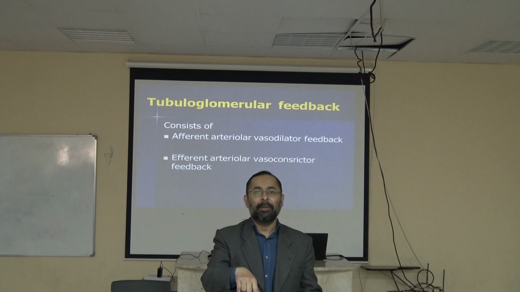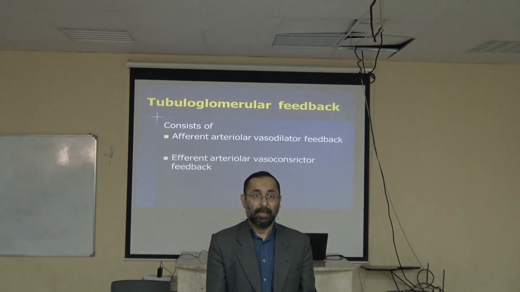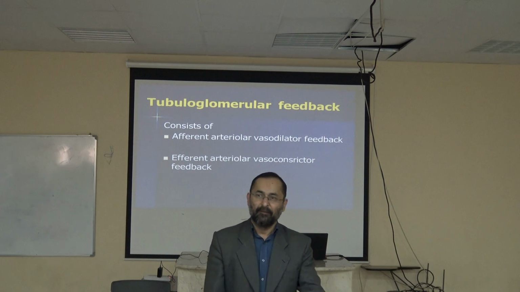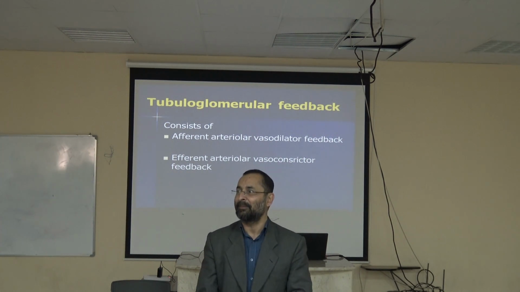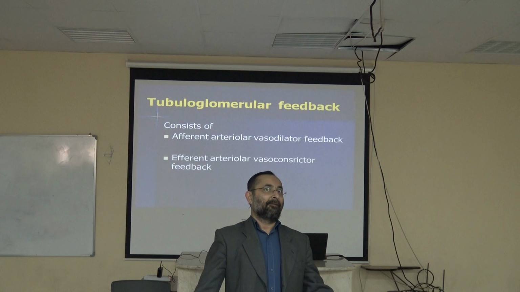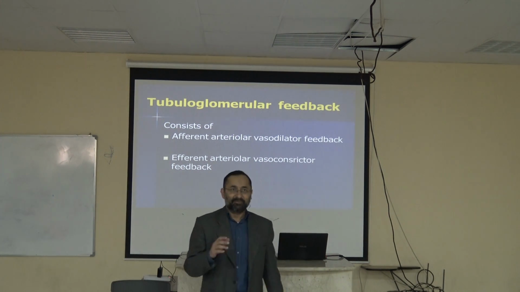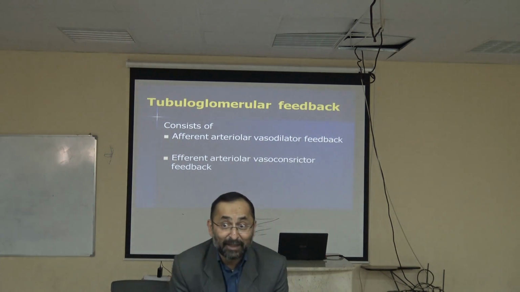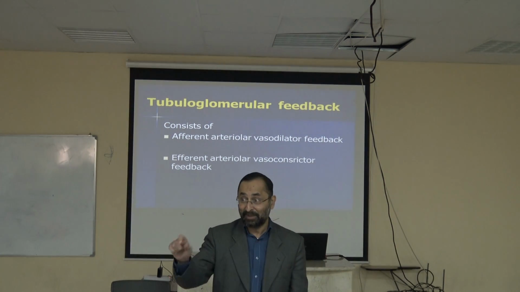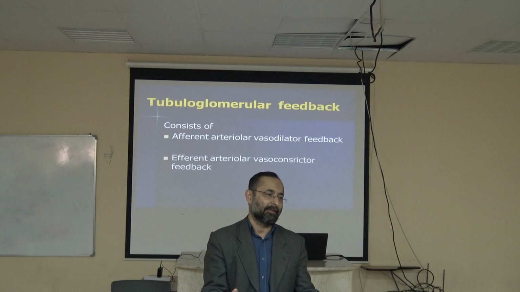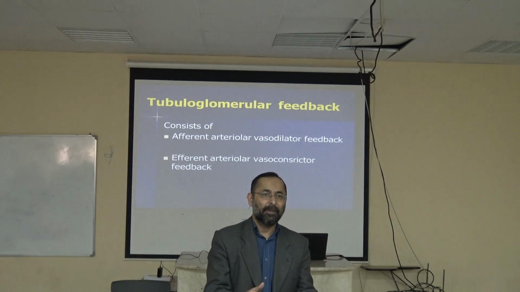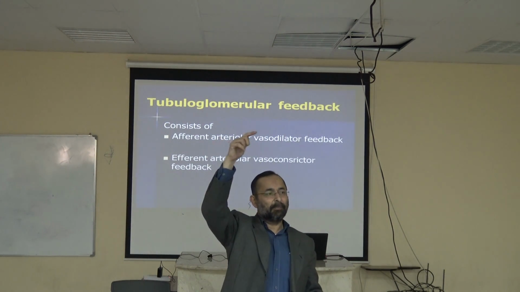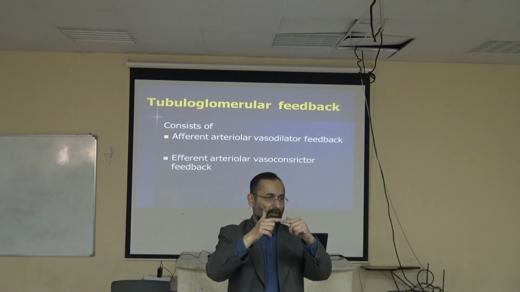And this system is showing you feedback. It means it's a feedback system. If it's a feedback system and it is a regulatory system to keep things back to normal, will it be a negative feedback system or a positive feedback system? Well, first of all, recall, I think some of you are still forgetting what is the difference between a negative feedback and a positive feedback system. You must keep it in mind very clearly. A negative feedback system will bring your changes back to your baseline value or the normal value.